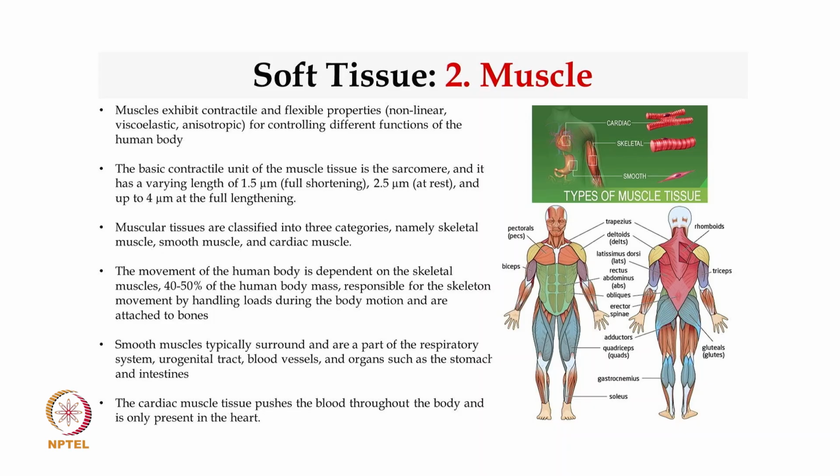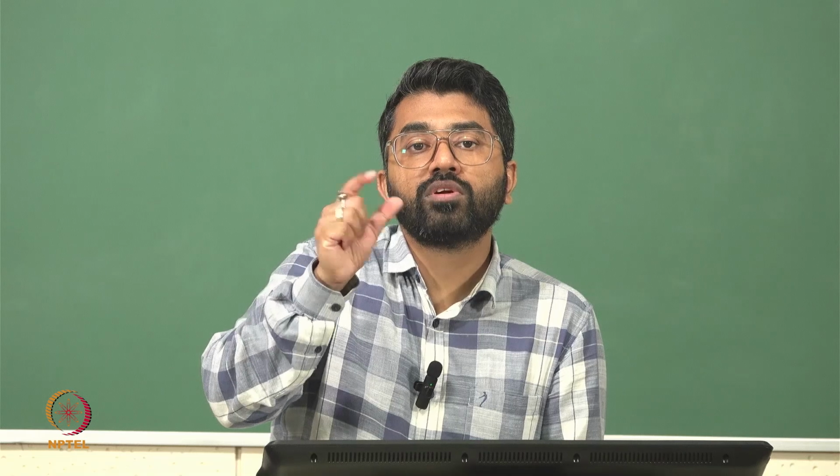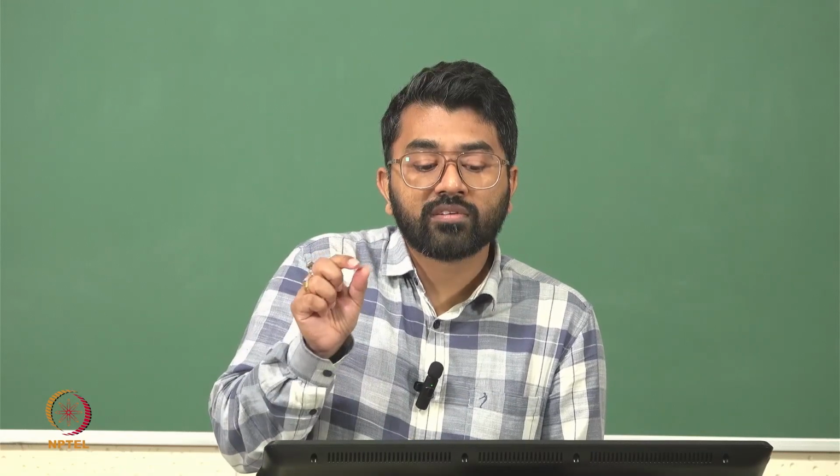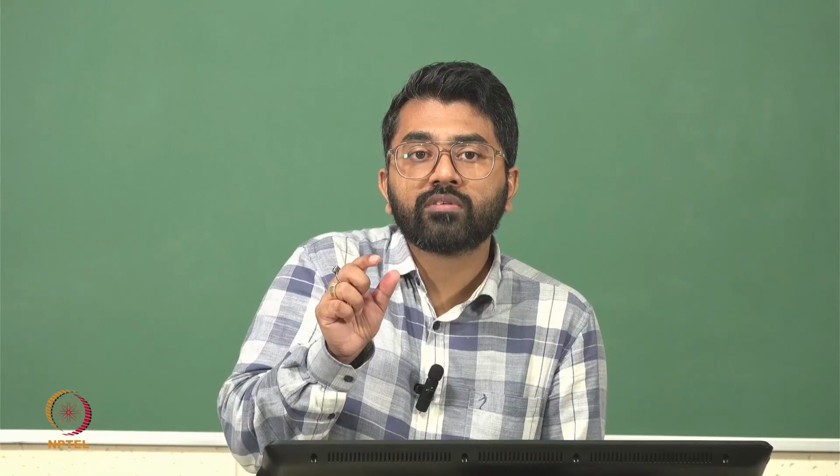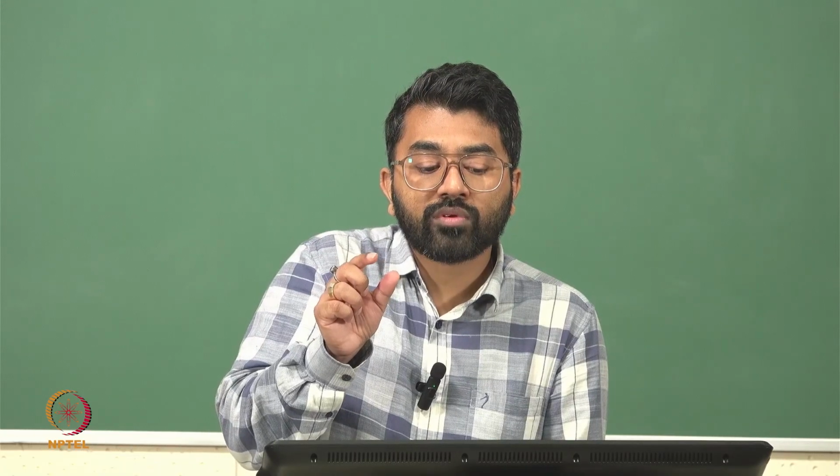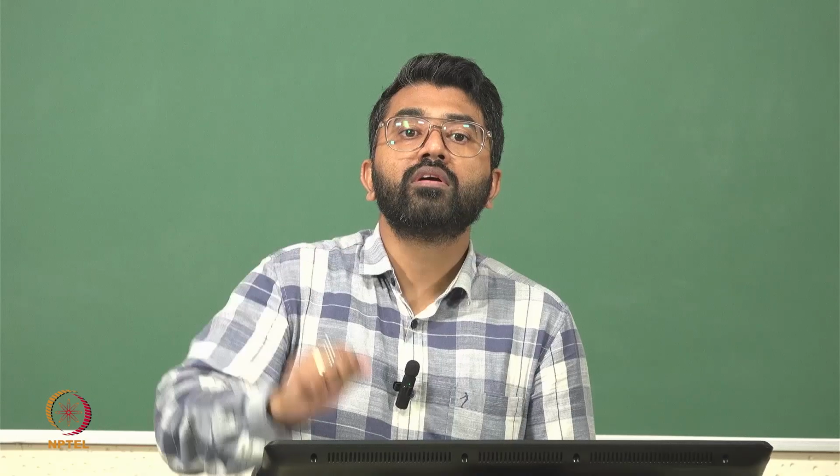All these sarcomeres, the unit cell components of these muscle tissues, extend from 2.5 microns at rest to full shortening, and that change in length causes all the muscles to move in proper coordination, right? And up to 4 microns at full lengthening.